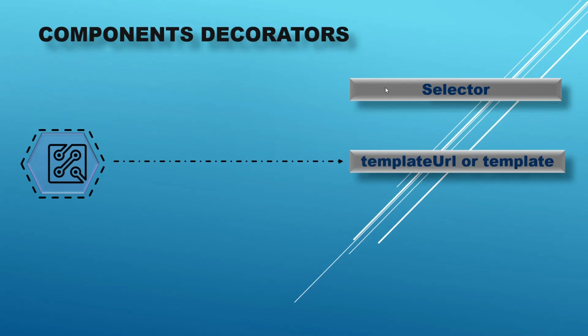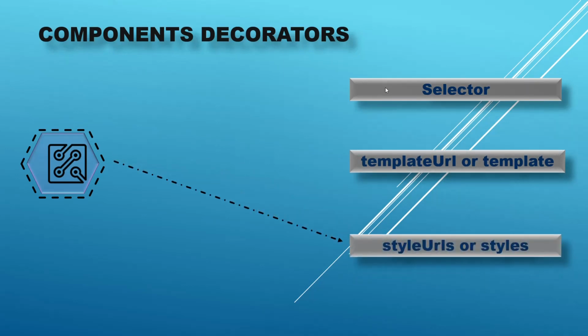But if you don't need to write in an HTML file, then you can write directly in the TS file as well. Just instead of templateUrl you can write template, and in the square brackets you can write your tags. That you can do in the TS file only. And then you will have one more, styles too.